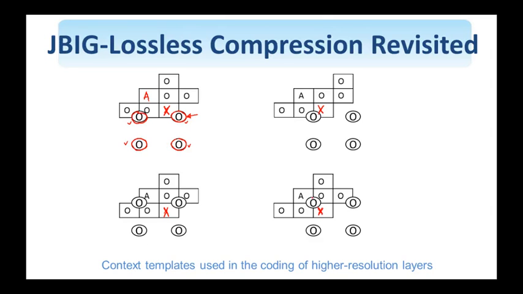So in this template, it's this low resolution value that has included the value that we are trying to encode of the high resolution image. Since we have to include 2 bits to indicate which of the 4 context templates we are using, we have therefore used 12 bits, and therefore there are 2 to the 12, 4096 different contexts.